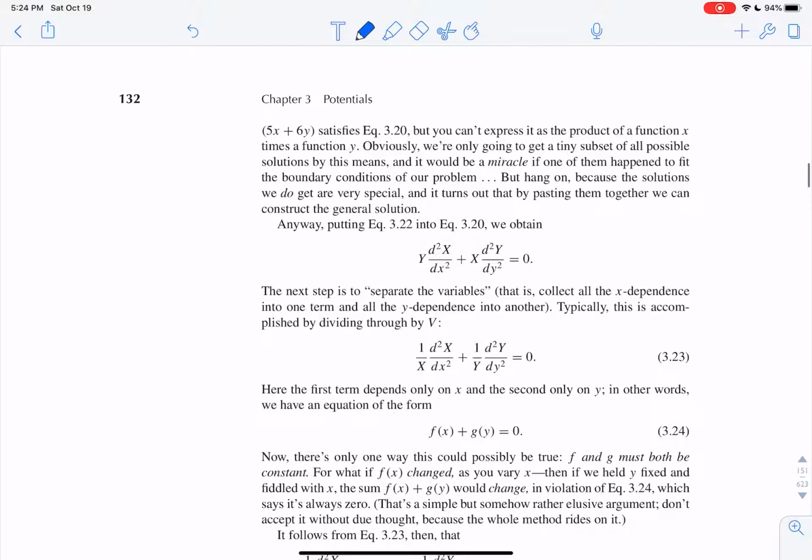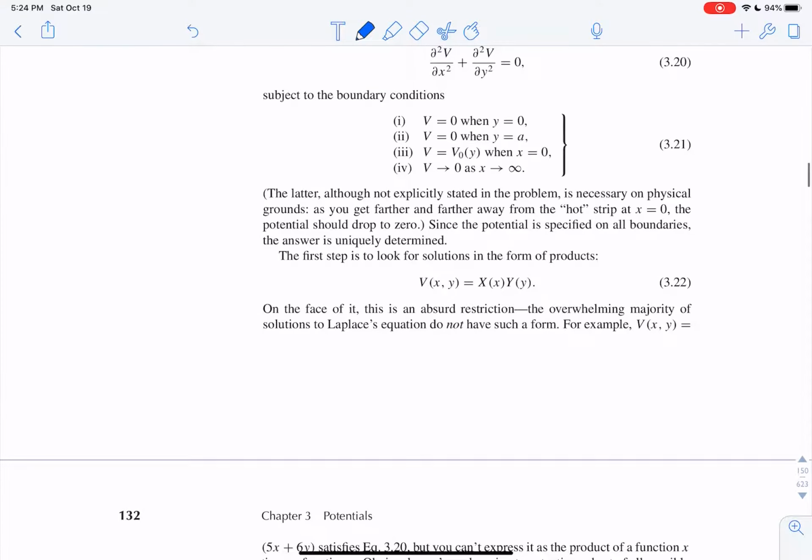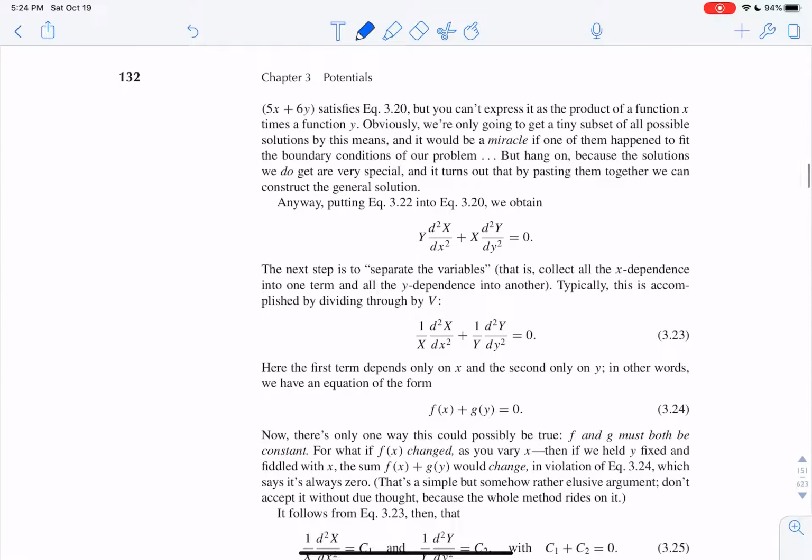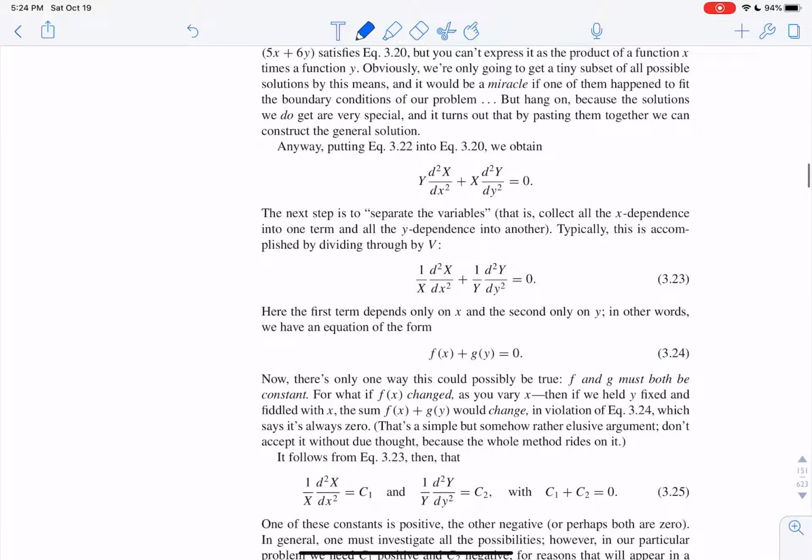So if you plug this into that for V, then you get the second derivative of X times Y with respect to x, plus the second derivative of X times Y with respect to y. And then you get this thing, because Y is not a function of x, and X is not a function of y, so those derivatives don't do anything to the other component. Then you divide by Y and divide by X to get the x things together and the y things together.